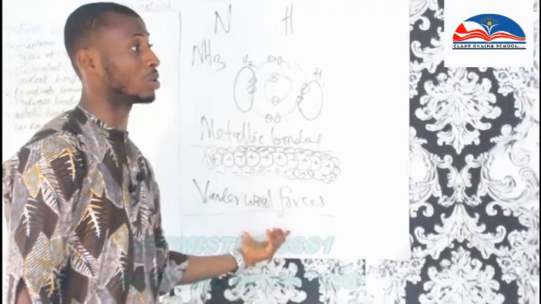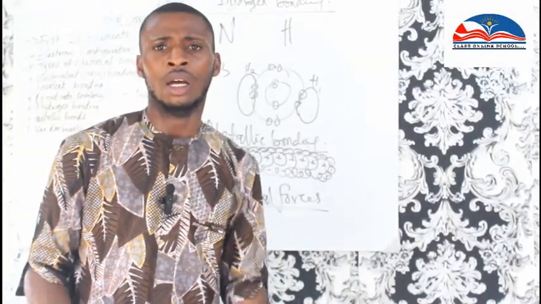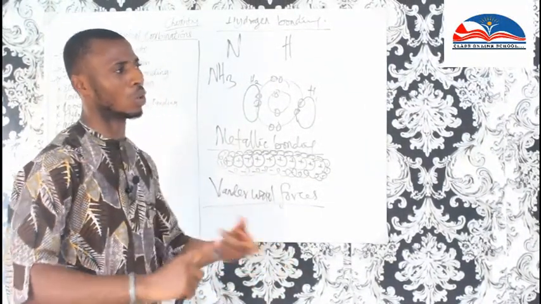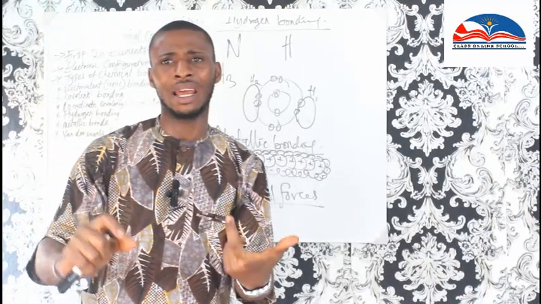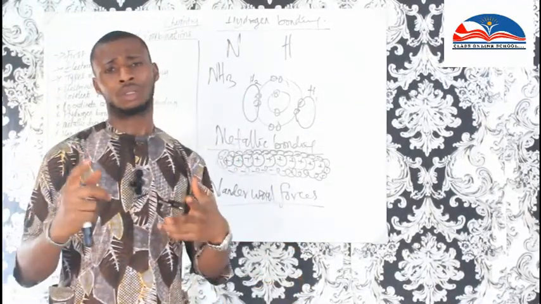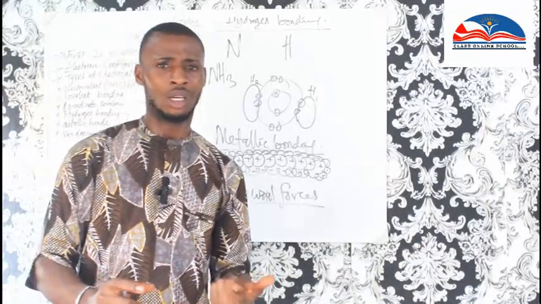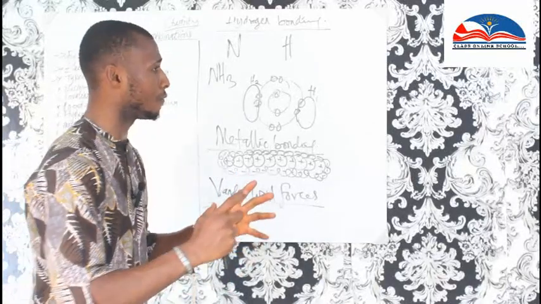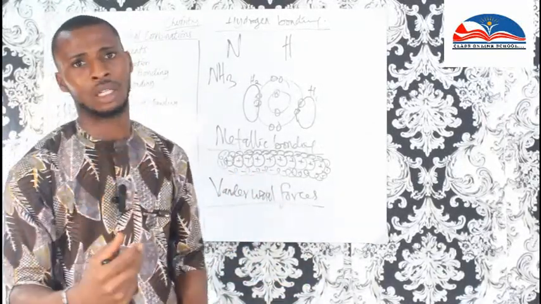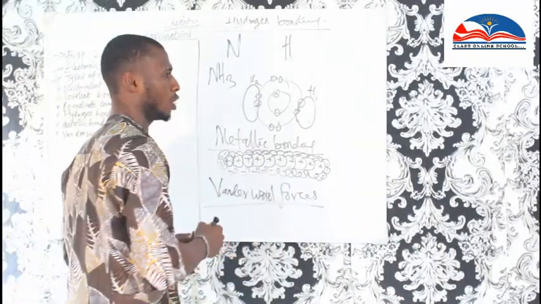This is the bond that makes it be in that manner. Now, this bond is not as strong as covalent and electrovalent bonding. It's a weaker bond. It has the capacity of being broken, but it is also needed in the liquefaction of gases. What do you mean by liquefaction of gases?